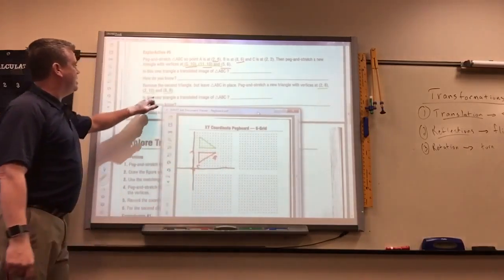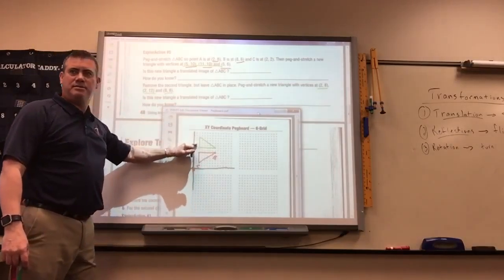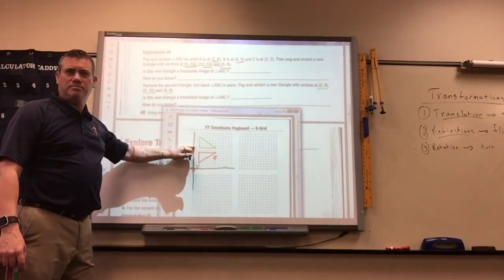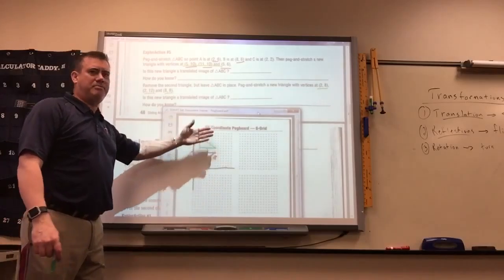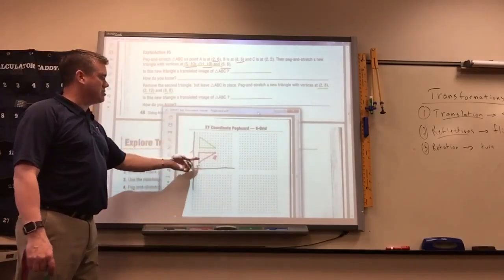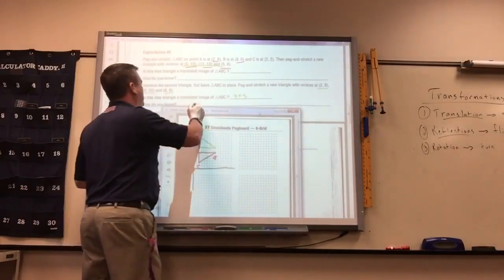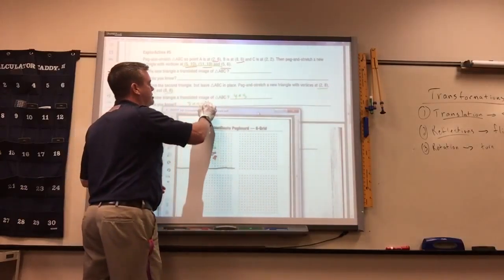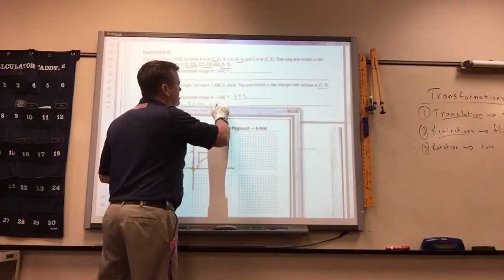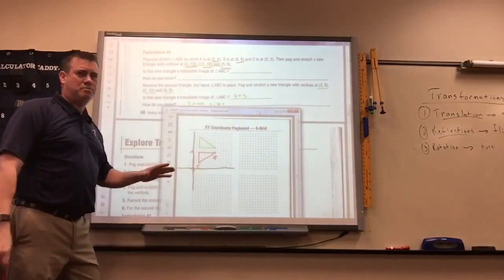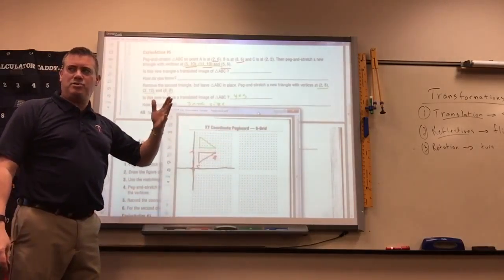And then it asks, is this a translation? No. It's a reflection, it's been flipped. So this is not a translation. Some of you put yes, and the reason why is because you said it's the same size. It is the same size, but it hasn't been translated, it's been reflected. Okay, so remember that.